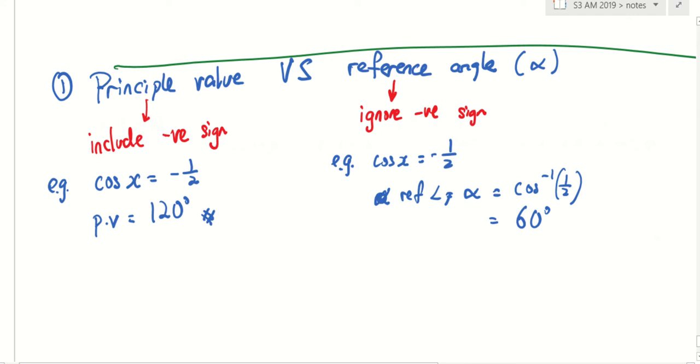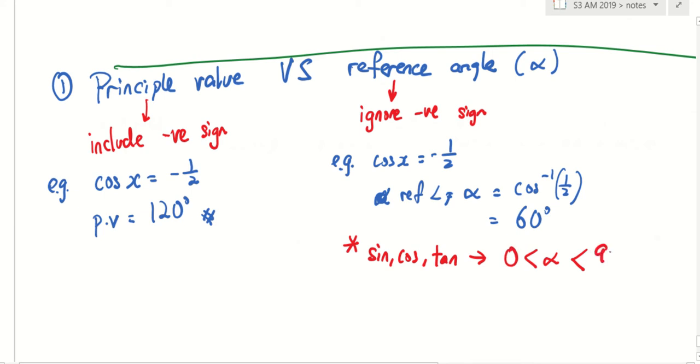So now, I'm going to explain to you what's the difference between principal value and reference angle. I start with the easier one. Okay? Now, for reference angle, for sine, cosine, and tangent, this reference angle is 0 to 90 degrees.